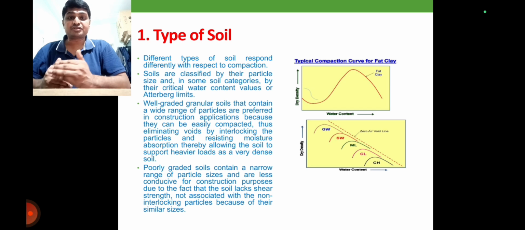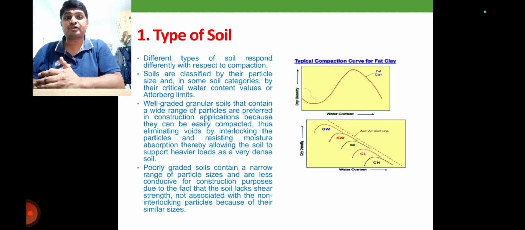Poorly graded soils means some of the particle sizes are missing. That is the way we call it poorly graded. A well graded soil means the well graded granular soil contains an equal number of all the particle sizes.